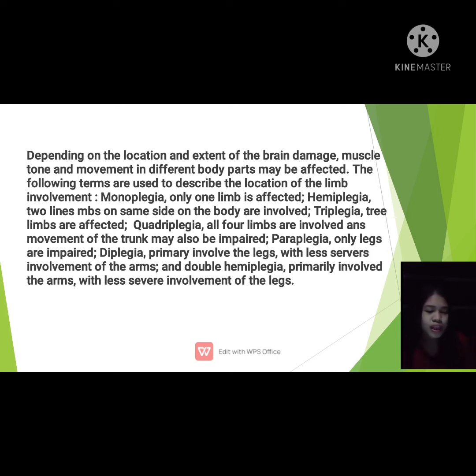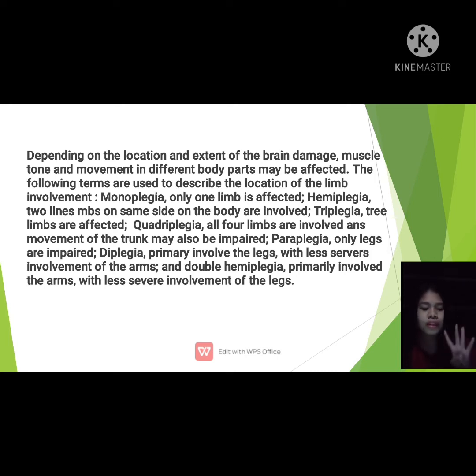Depending on the location and extent of the brain damage, muscle tone and movement in different body parts may be affected. The following terms are used to describe the location of the limb involvement. Monoplegia, only one limb is affected. Hemiplegia, two limbs on the same side of the body are involved. Triplegia, three limbs are affected.